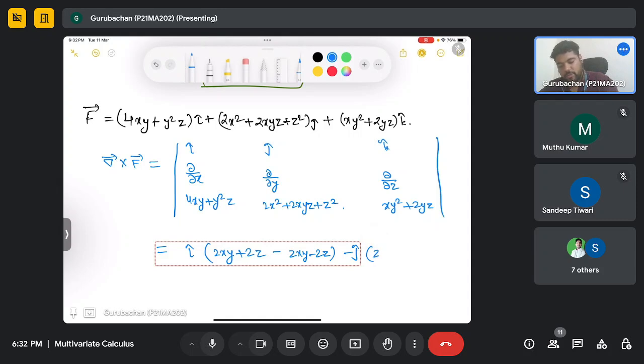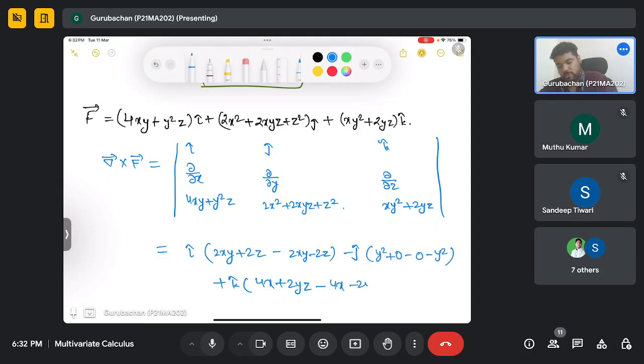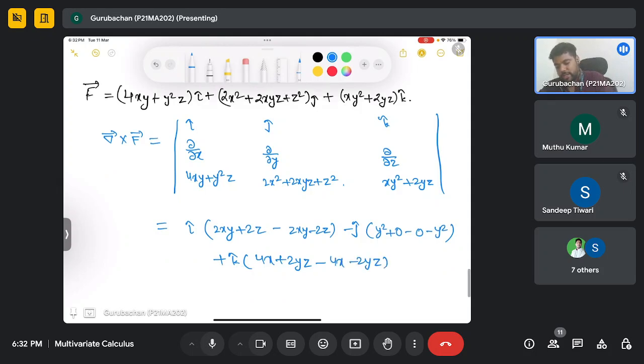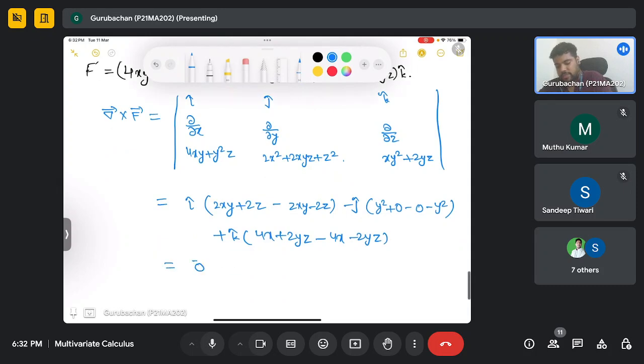So it will be y square plus 0, with negative sign from here with respect to z, 0, minus y square. Next one is k cap. This will be 4x plus 2yz minus 4x minus 2yz. So clearly we are getting this curl as a zero vector.